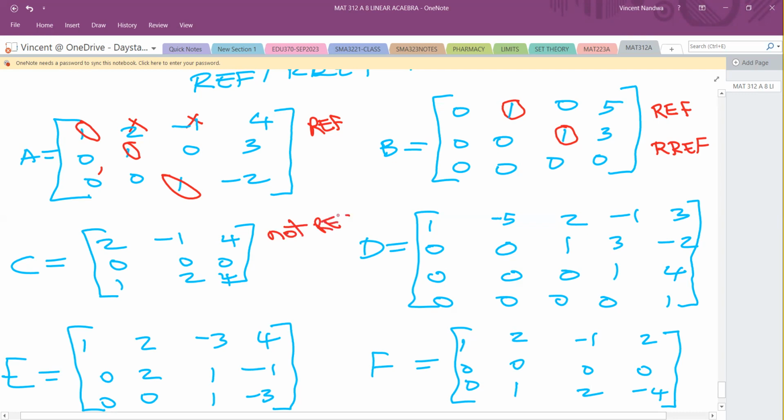And another thing, assuming even if we had placed this at the bottom, if we put zero here, zero here, zero here, then one, then two, then four. Will it be in row echelon form? Why?